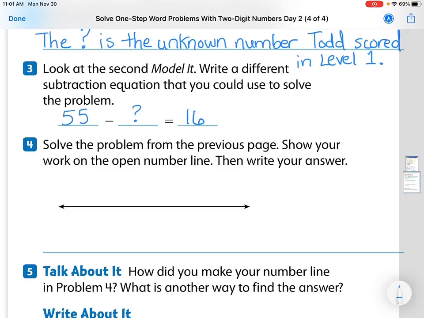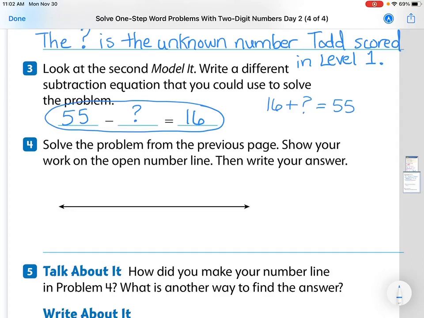You're either going to show 55 minus question mark equals 16, or 55 minus 16 equals question mark, or you could do a counting up where you start with 16 and add the unknown number and get to 55. Okay, so those are your choices.